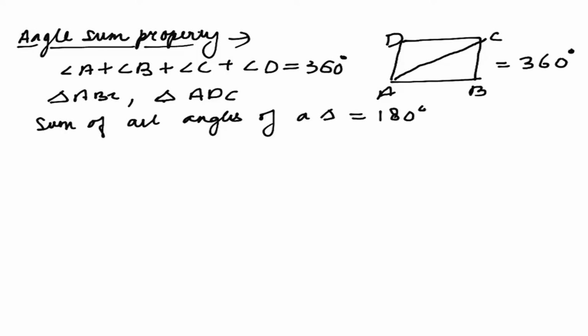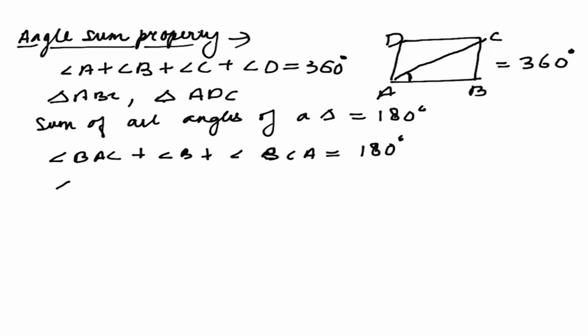So now we can write angle BAC plus angle B plus angle BCA equals 180 degrees.